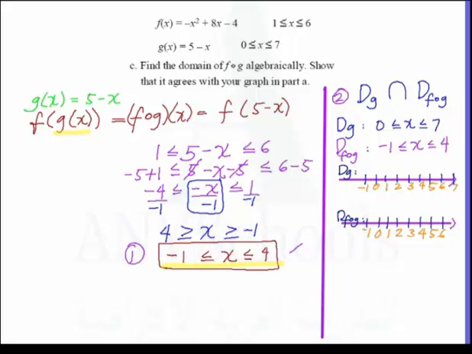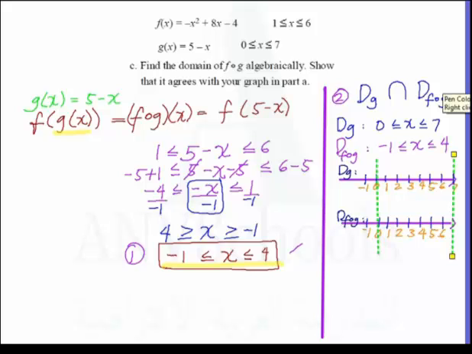What is the domain for G? We have from 0 to 7. So it's from here to 7, which is here. What is our domain restriction for f of G? -1 to 4.